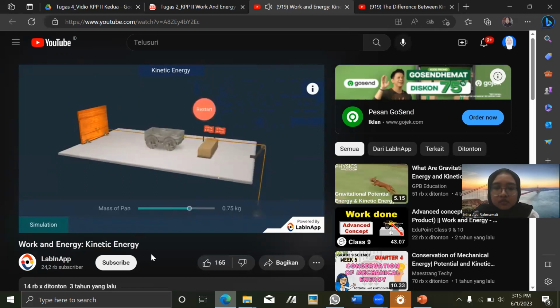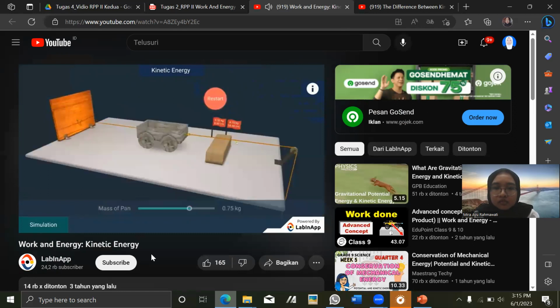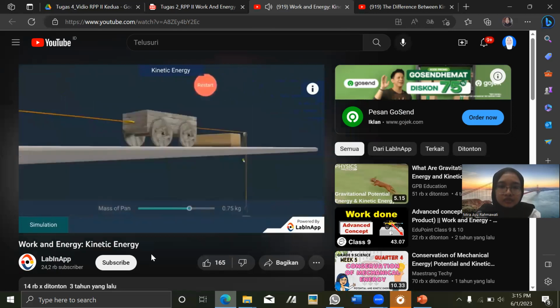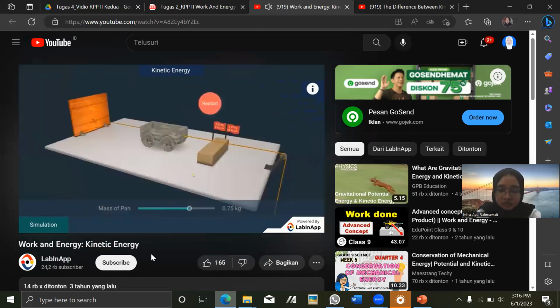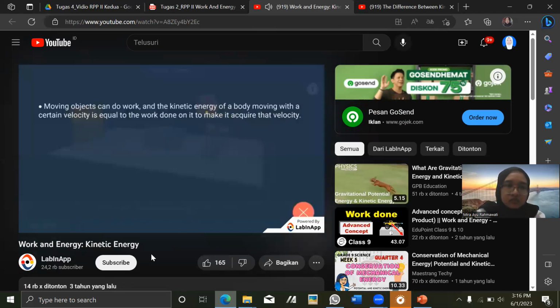Here, the trolley acquired higher kinetic energy by attaining higher speed and the work done by it increased. We can hence conclude that moving objects can do work, and the kinetic energy of a body moving with a certain velocity is equal to the work done on it to make it acquire that velocity.